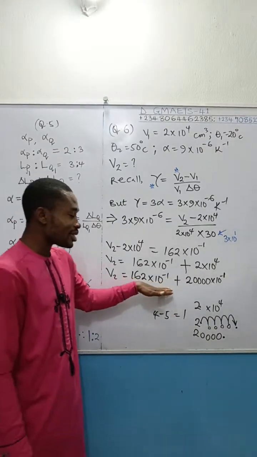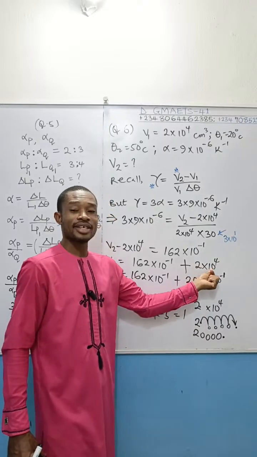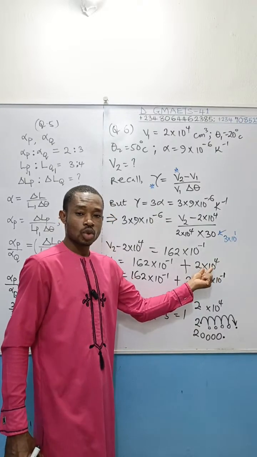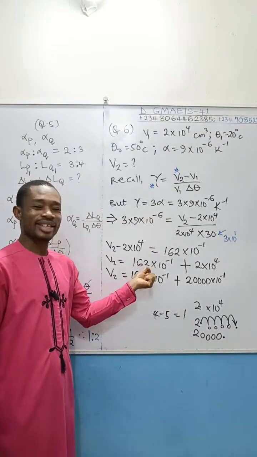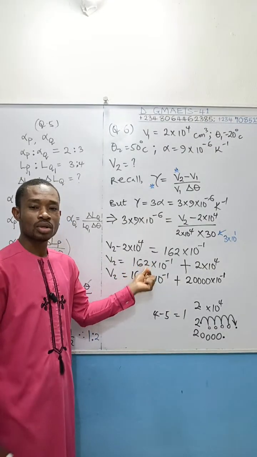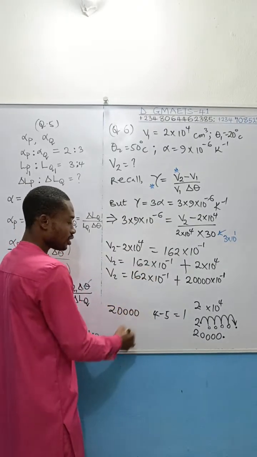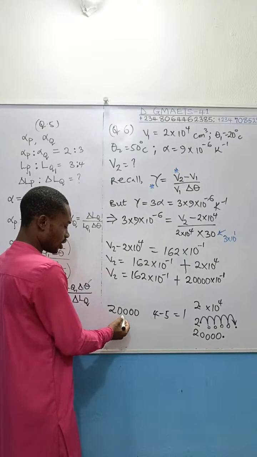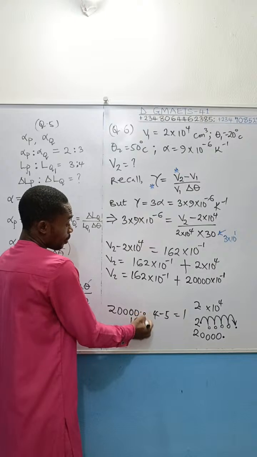If you don't like this conversion, you can just multiply this 2 by 10 to get 20,000, and then 160 divided by 10, which is 16.2. Then you can add 16.2 to 20,000. I guess that seems to be faster.